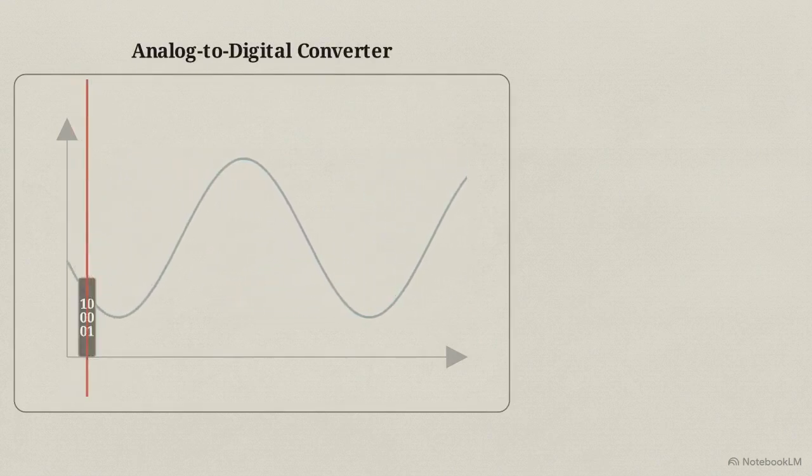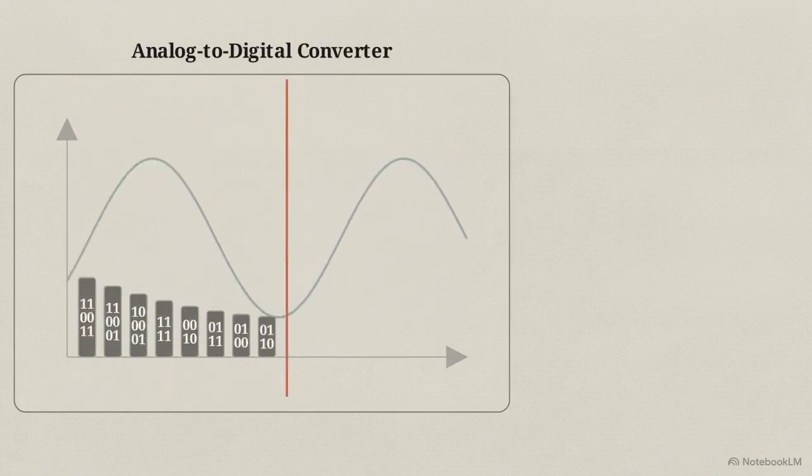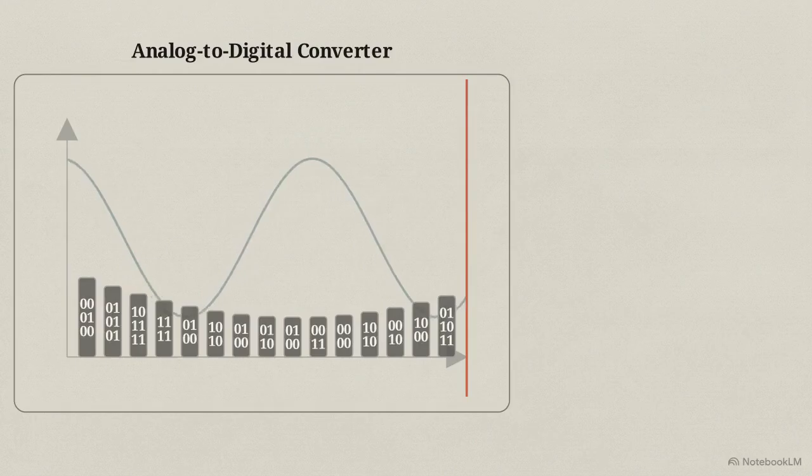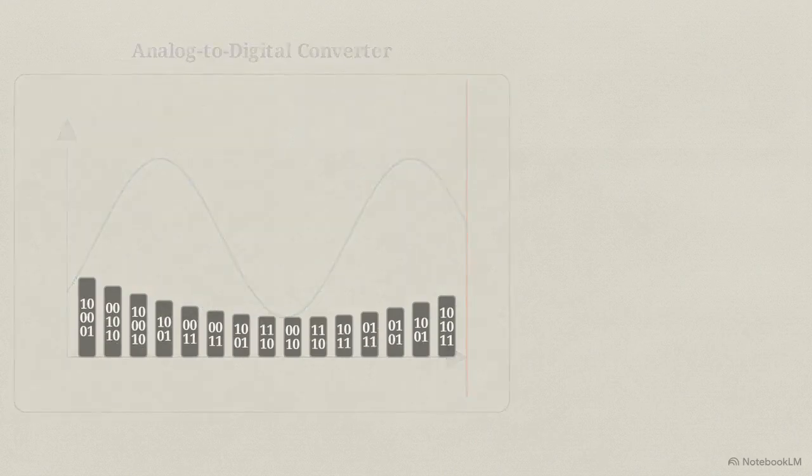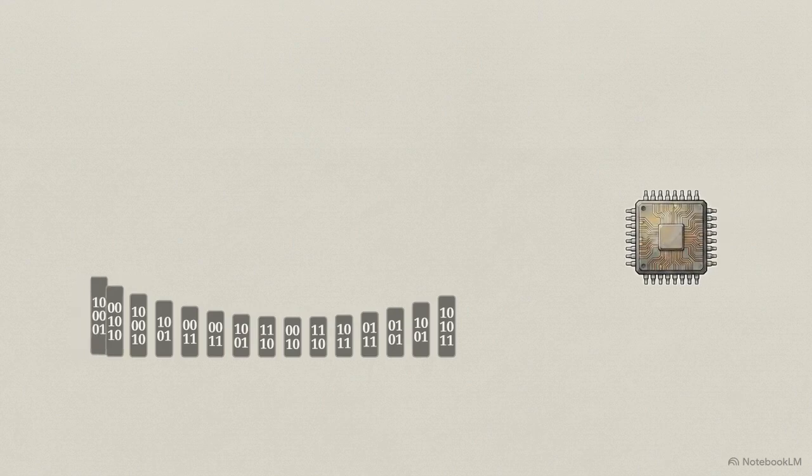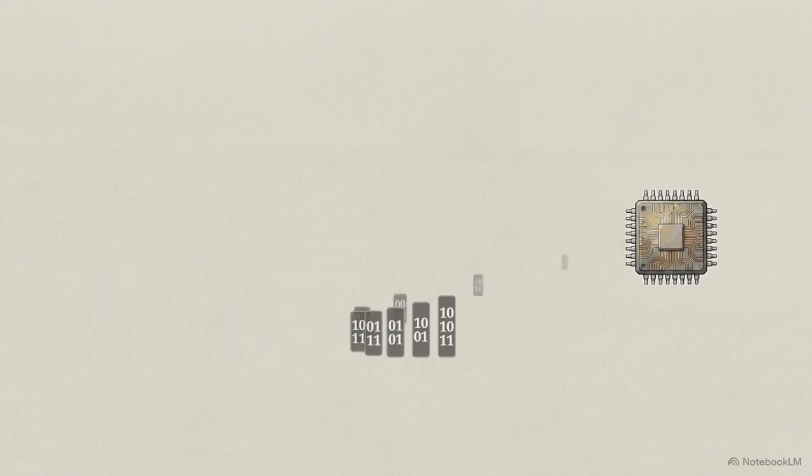That pathway leads to the analog-to-digital converter, or ADC. This critical translator takes a continuous wave of voltage and sequentially slices it into thousands of discrete binary numbers. By converting flowing currents into rigid data points, it formats physical reality perfectly for a microprocessor.